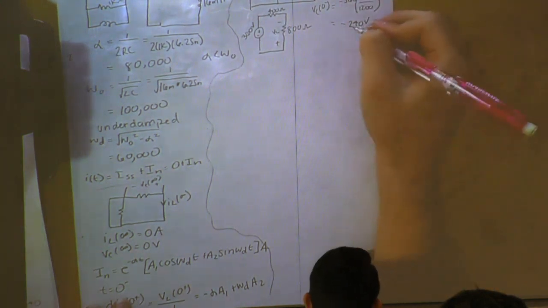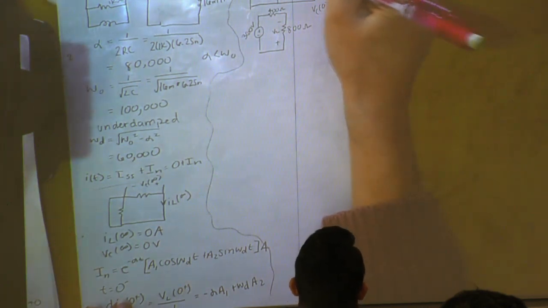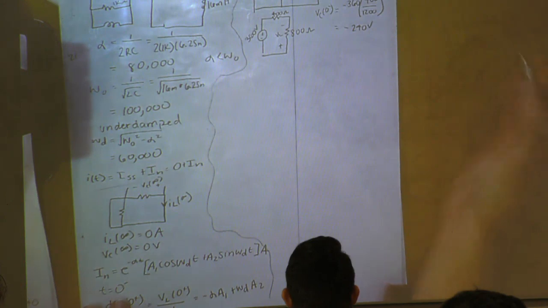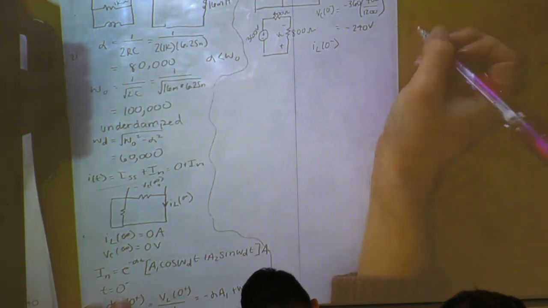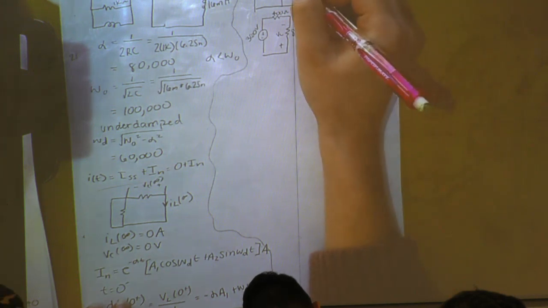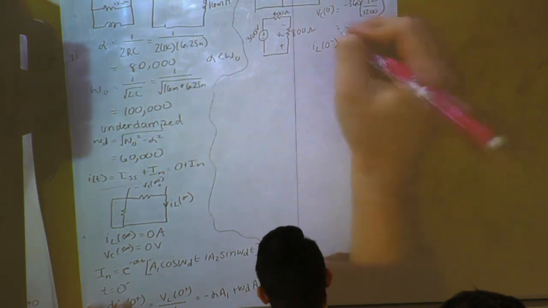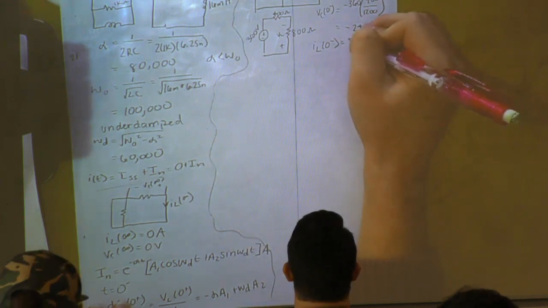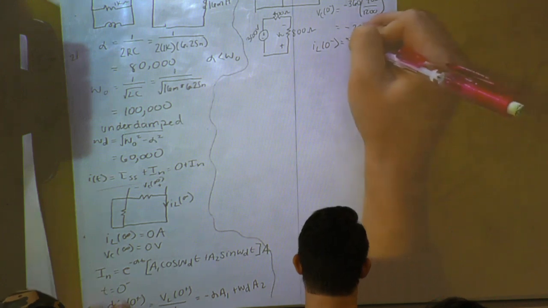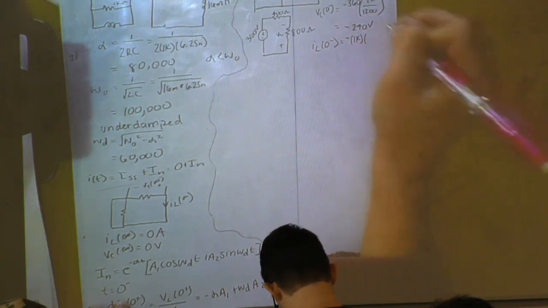So then we can find our IL of 0 minus. We can take Ohm's law. It's going through the negative terminal, so we'll put our negative here, times our voltage.